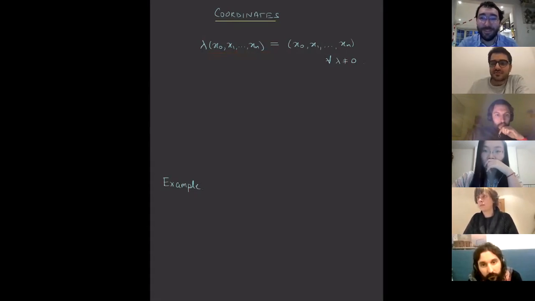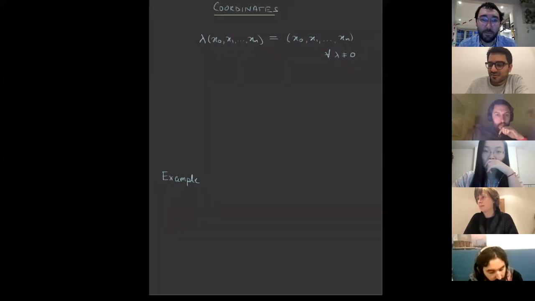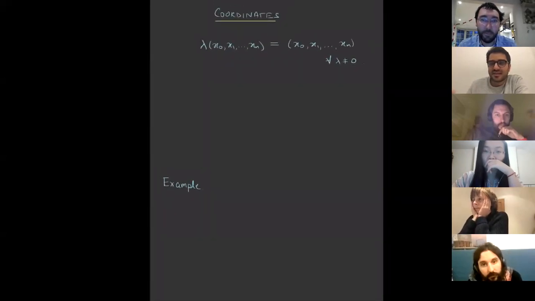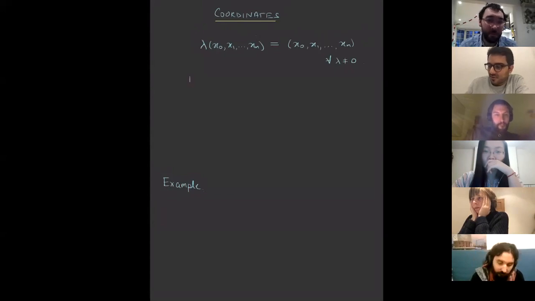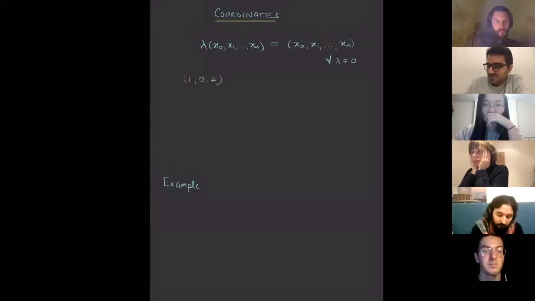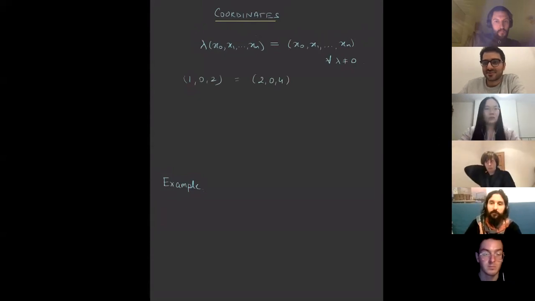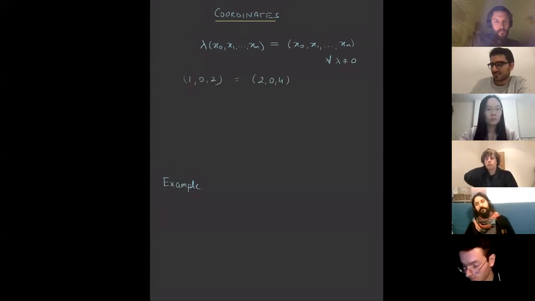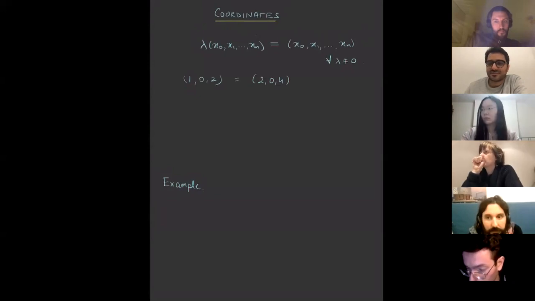So informally, whenever you write a coordinate x0 to xn, then any non-zero multiple of that is also a coordinate of the same point. So for example, (1, 0, 2) is the same thing as (2, 0, 4), if 2 is non-zero, let's say, because 2 would be 0 in some of the finite fields. Okay, so that's what you do.